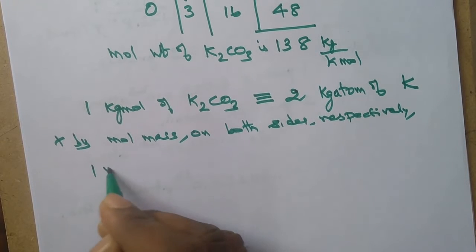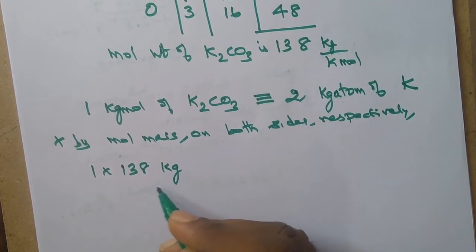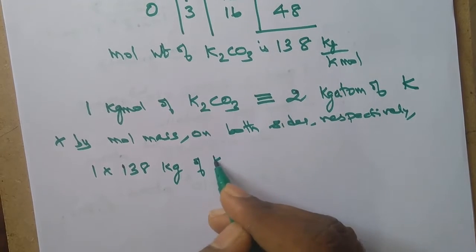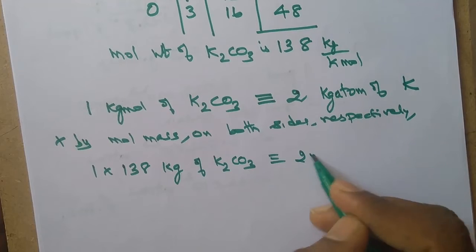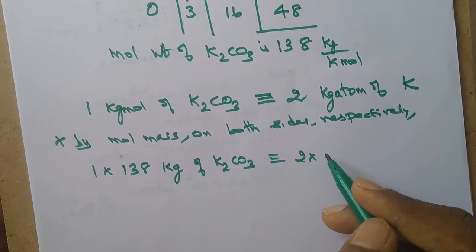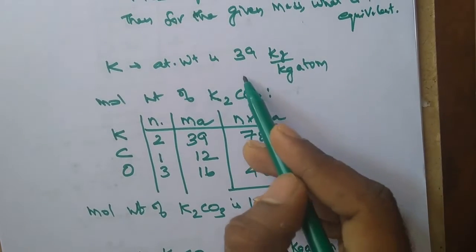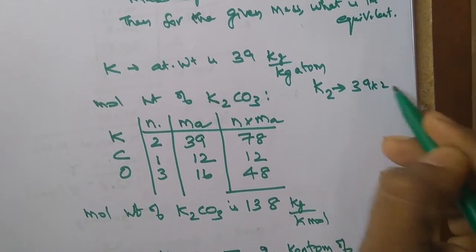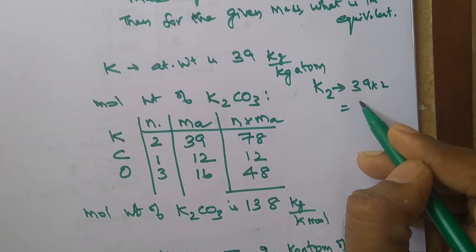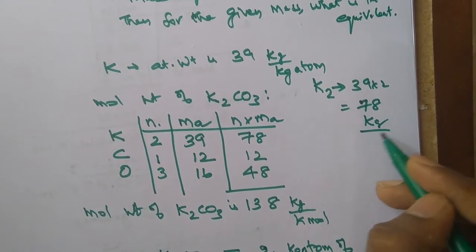So 1 into 138 kg of K2CO3 contains 2 into 39 kg of K. K is 39, so for K2, 39 into 2 is 78 kg.